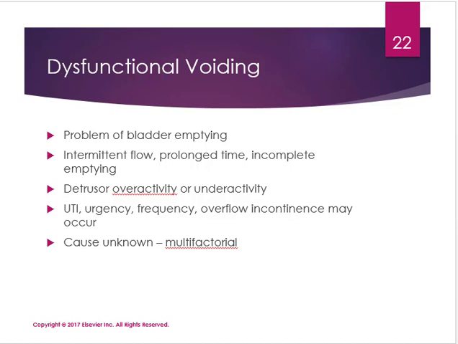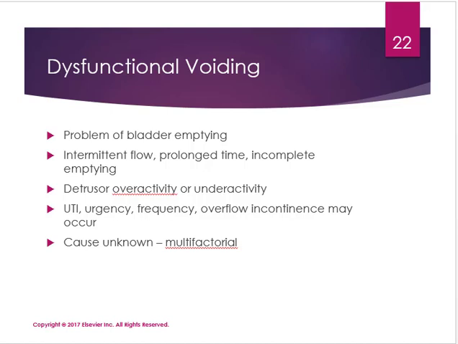We know that if there is a pattern of incomplete emptying that goes on for a long period of time, that can lead to overextension of the bladder, and then those muscles are not as functional as they should be. As a result of this urine sitting in the bladder, you have increased chance for UTIs, symptoms of urgency, frequency, and then overflow incontinence can occur.